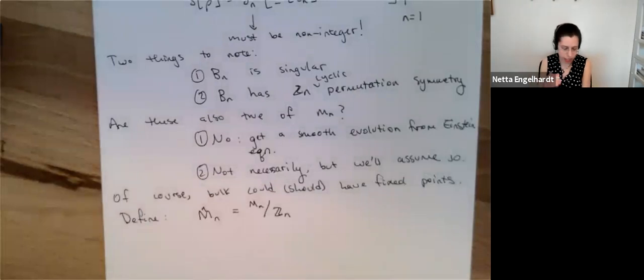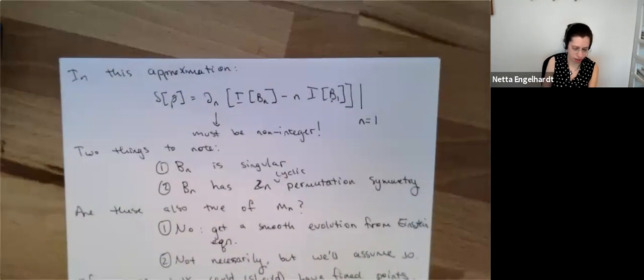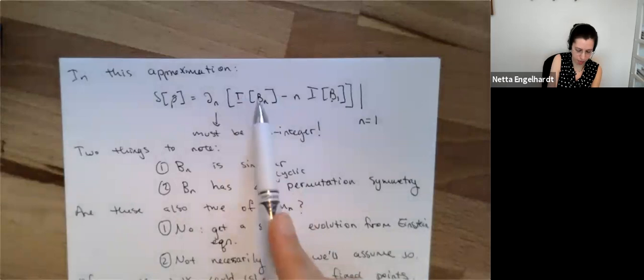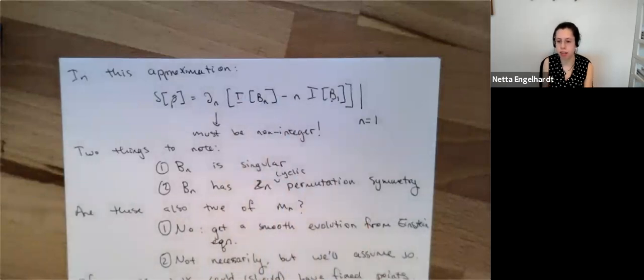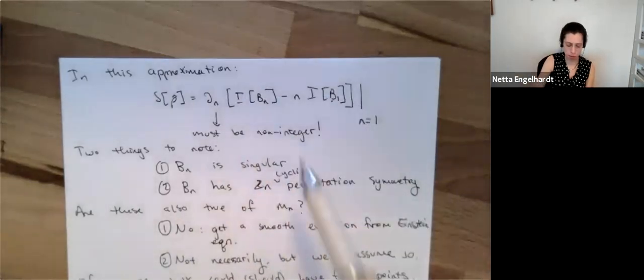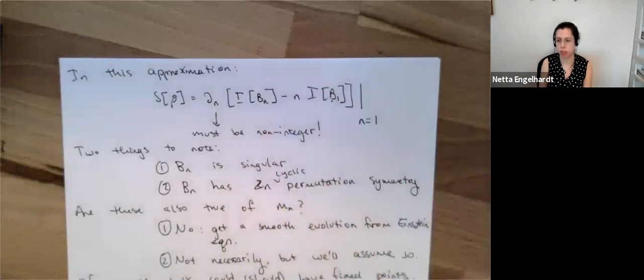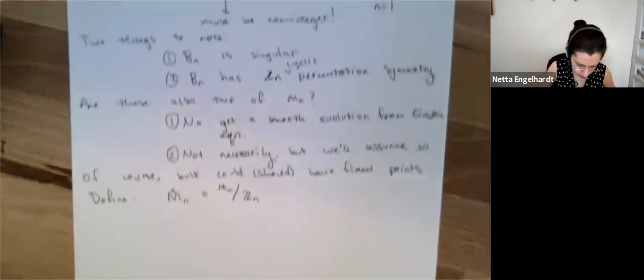The reason that this is a nice thing to do is that over here we have the action of Mn and the action of M1, and quotienting out means that we have the same boundary for both of them. That puts them on an equal footing, which is one of the reasons we do this. It's very nice to not have to worry about n boundaries here and just one boundary over here.